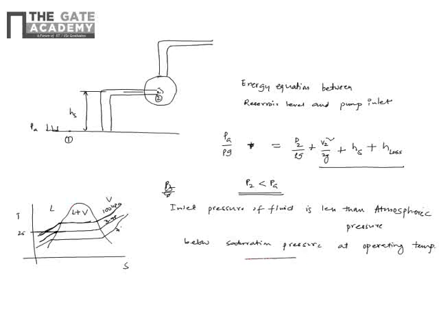That's the reason why you shouldn't go below the saturation pressure, because there will be a chance of vapor formation. It is possible for the local pressure inside the pump to fall below vapor pressure. Vapor pressure means the saturation pressure.